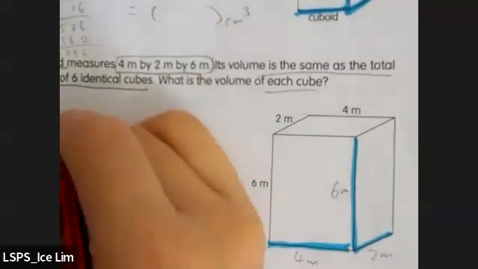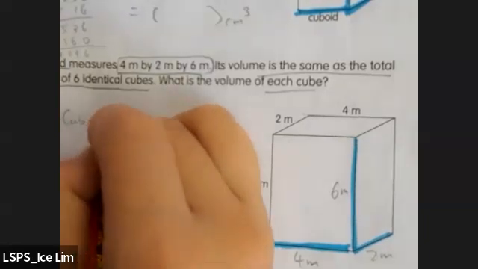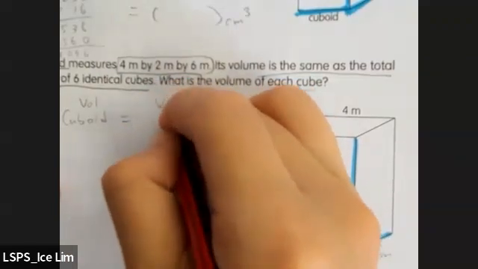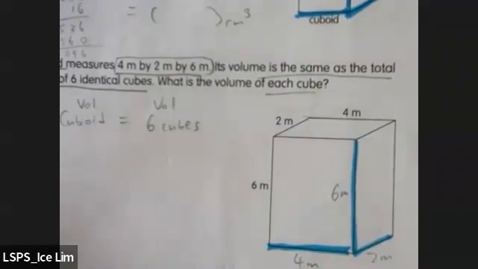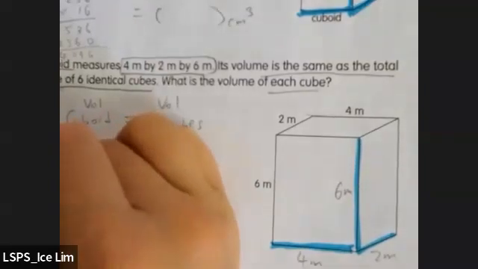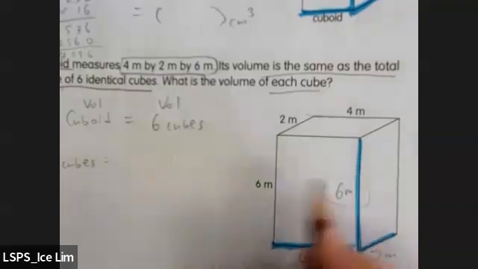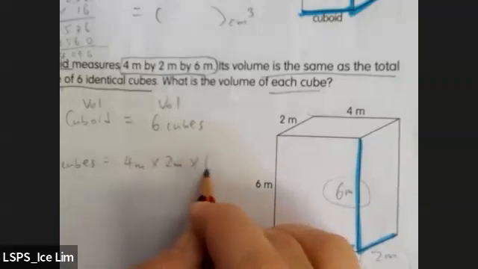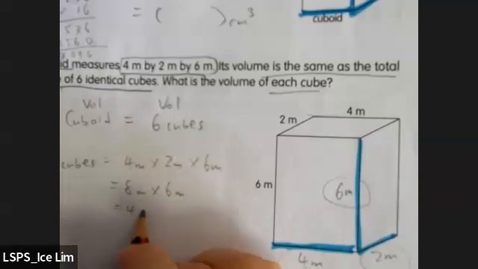So it's saying here that this cuboid's volume is equal to the volume of 6 cubes. Then I'm supposed to find 1 cube. So 6 cubes will be length times breadth times height: 4 meter times 2 meter times 6 meter. 4 times 2 is 8. 8 times 6 is 48.